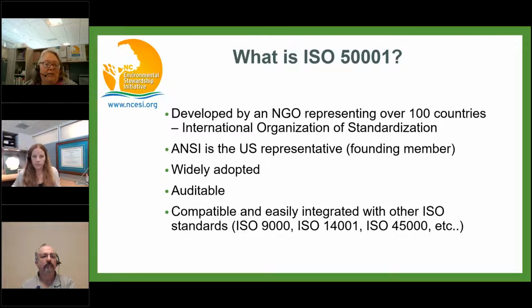And it is compatible and easily integrated with other ISO standards, including 9000, which is for quality, 14000 for the environment, and 45000, which is health and safety. 50000, being energy, falls very strongly into 14000, and partially into those others as well.